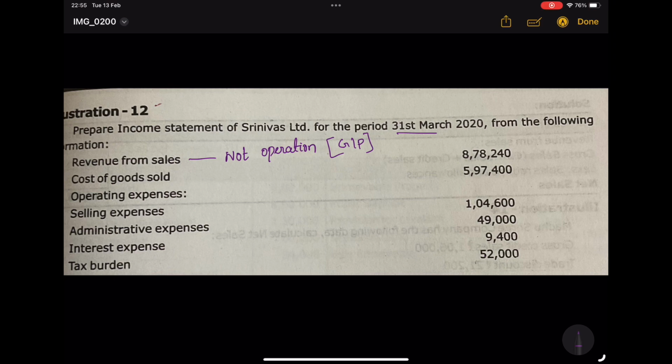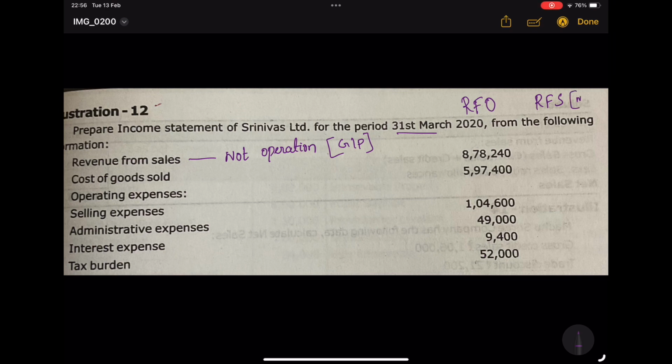If they have not given any gross profit or cost of goods sold information, we can consider revenue from sales as revenue from operations. In case they have given gross profit or cost of goods sold, we can calculate revenue from operations.